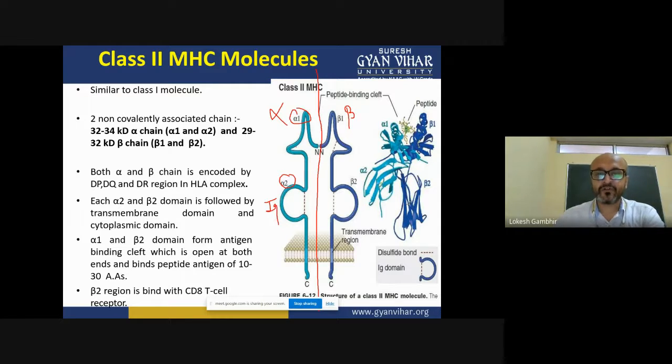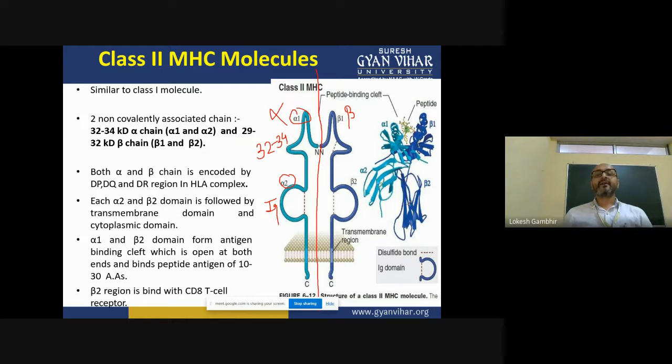Now, the molecular weight of the alpha chain ranges from about 32 to 34 kilodaltons. In the previous lecture, we had a glimpse of how, if you are working in an active culture, you would decipher, on the basis of experiments, the constituents of the MHC receptor.